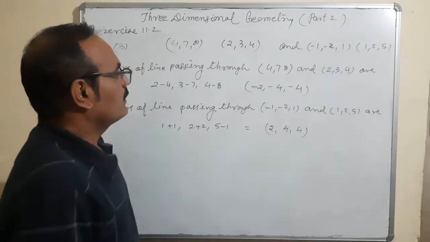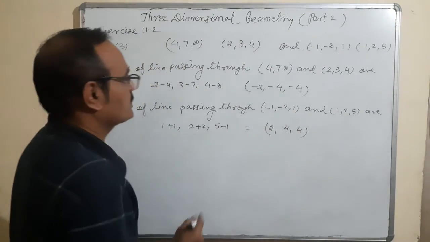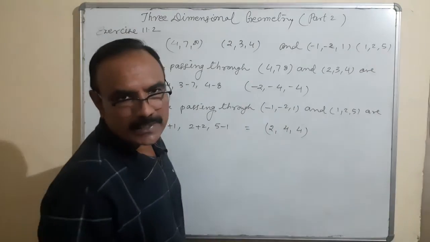If I take the minus sign common, this is 2, 4, 4 and that is 2, 4, 4. So both the lines are parallel.